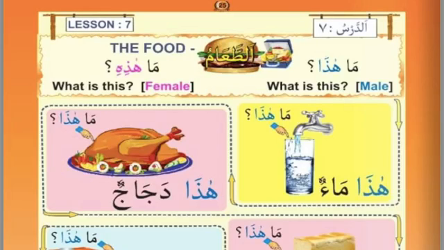What do you see? You see a glass of water, right? Here we want to ask, what is the thing inside the glass? We see water. Water is called in Arabic ma'un.